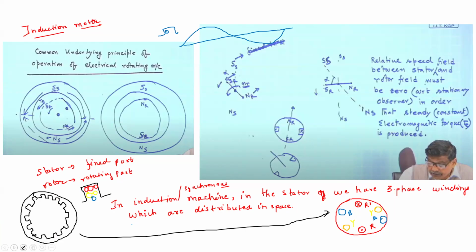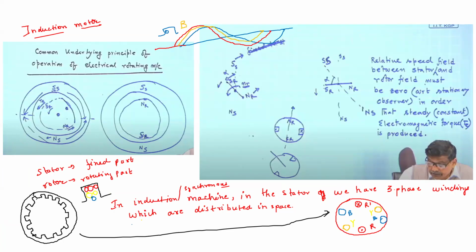So you will understand what I'm discussing about this sinusoidal distribution in space. Actually this is a little bit too early to discuss; these things will be coming in the later assignments. So the R, Y, B phases are all sinusoidal fluxes, so I am writing it as B.